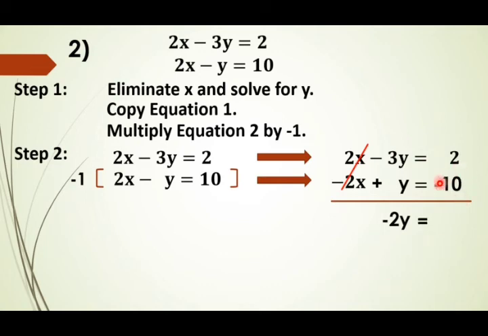Equals 2 minus 10 equals negative 8. Divide both sides by negative 2. Cancel negative 2, therefore, y equals positive 4. Negative 8 divided by negative 2 is positive 4. Therefore, ang value ng y ay 4.